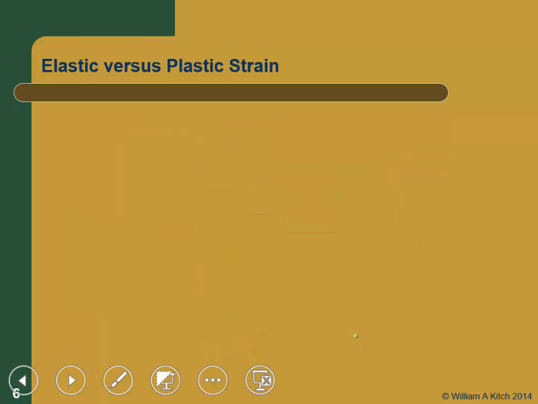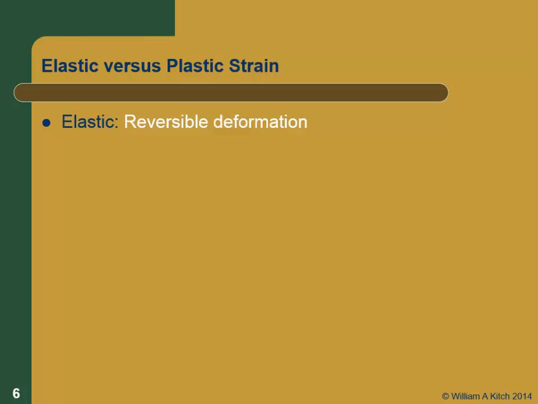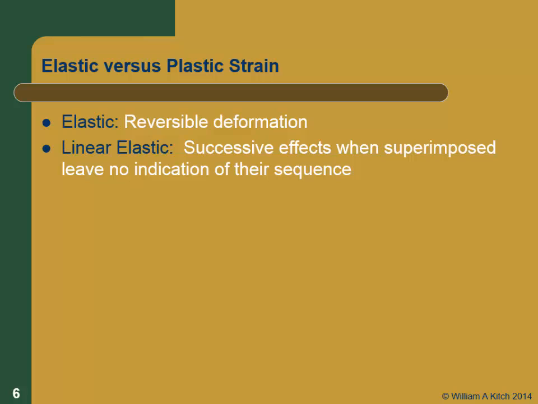All right, let's make sure we understand the difference between elastic and plastic strain. Elastic is reversible deformation. So if you unload, you recover it. Linear elastic, this is the gross definition for linear elastic, and it's easier to understand illustrated, but something's linear elastic when successive effects, when superimposed, leave no indication of their sequence.